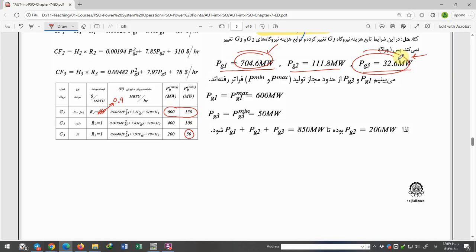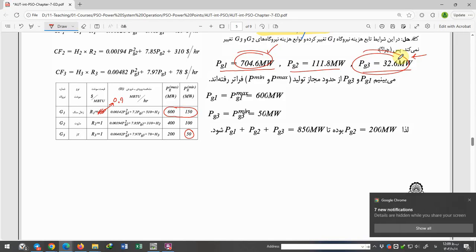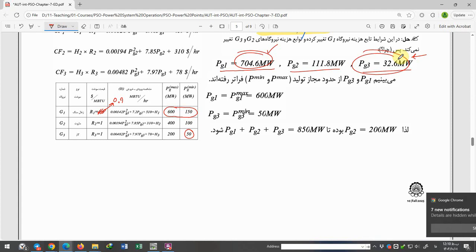And how can we do in this situation? It is very easy. If you go beyond your limitation, you set that value to its limitation. Please pay attention. If you get PG3 about 32 megawatt, it is lower than minimum.